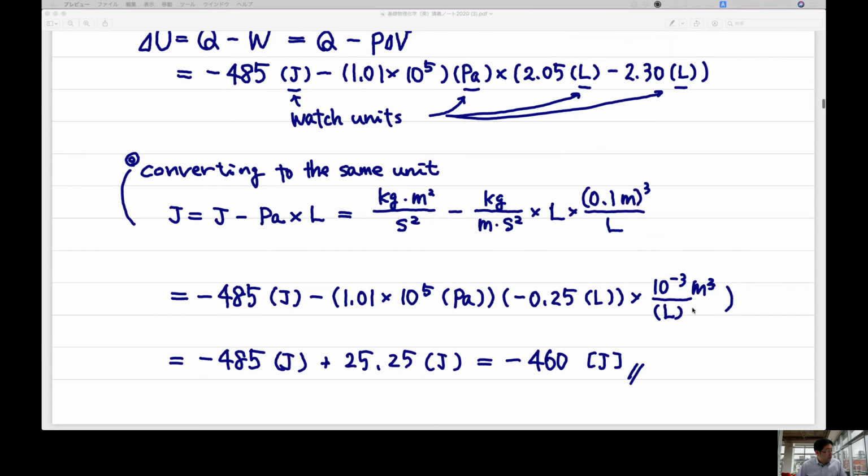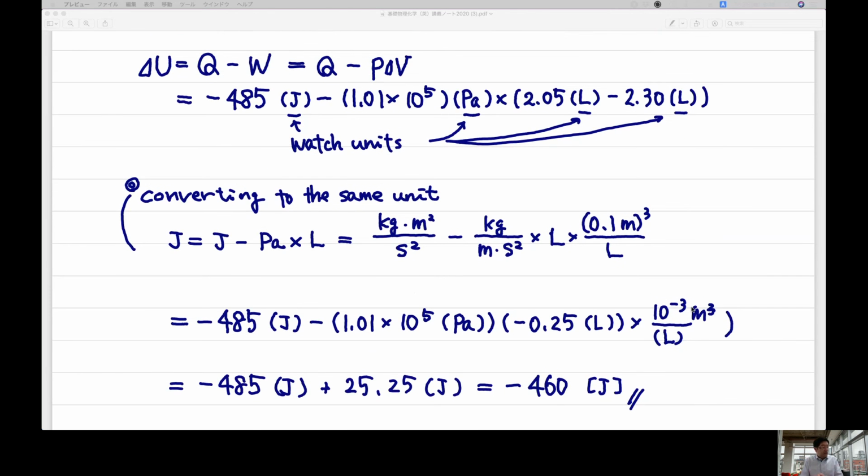And this is very important: you can calculate the internal energy of the system after changing the internal energy by adding heat or pressure or work, something like that.